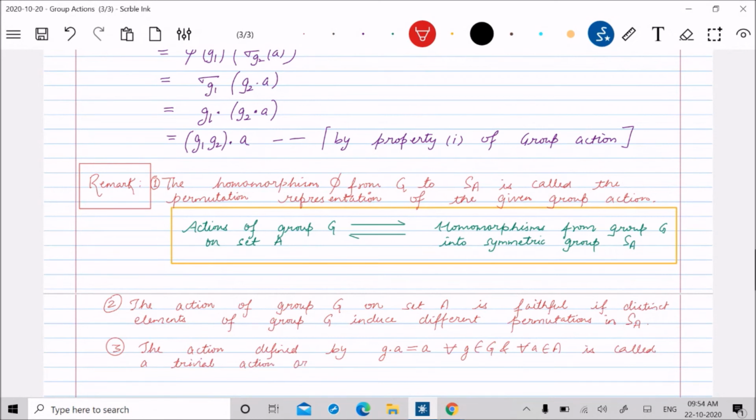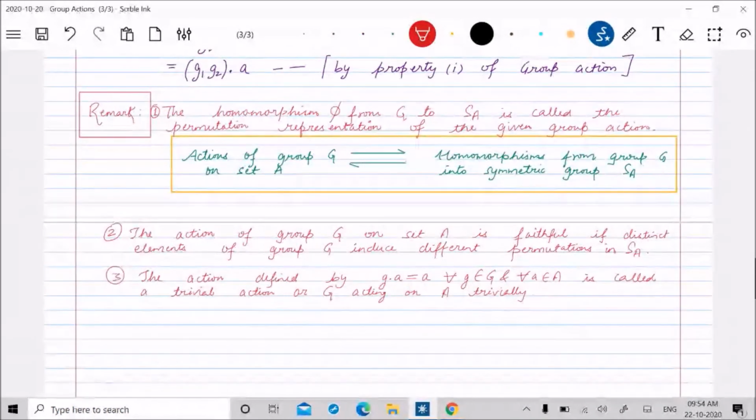Or you say that G is acting on A trivially, call it like this too, right? You're getting my point.